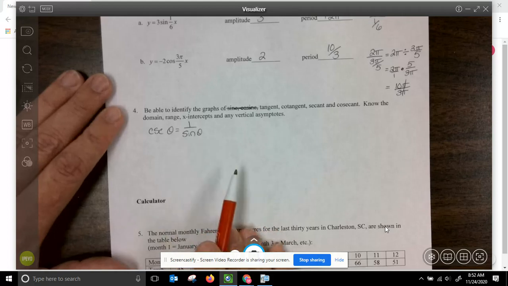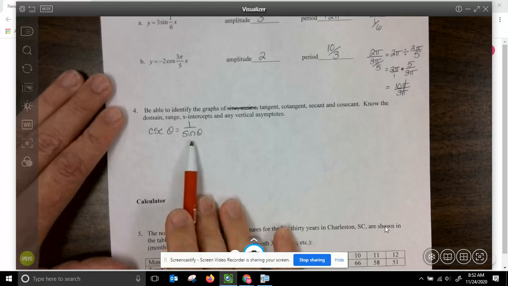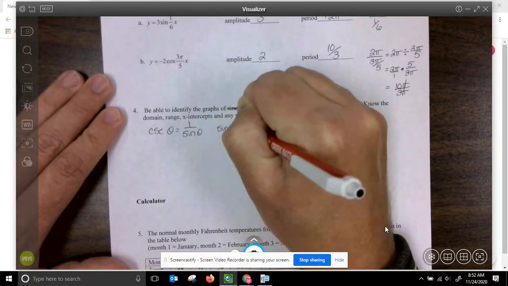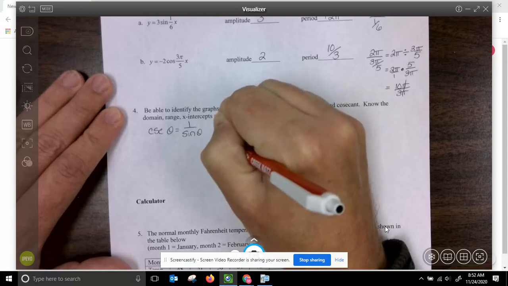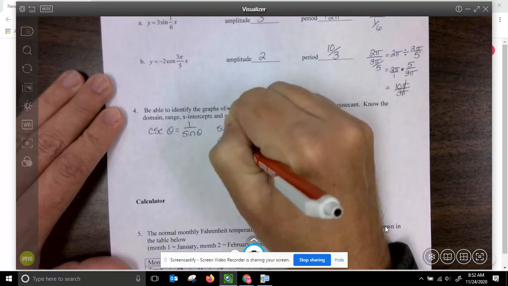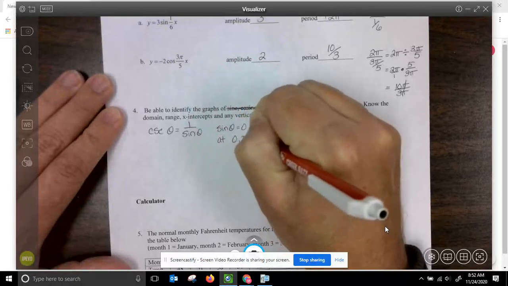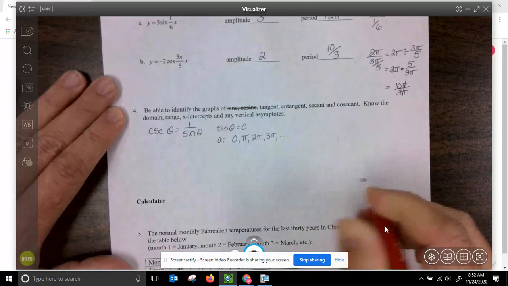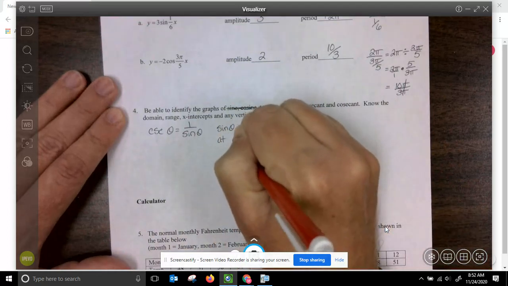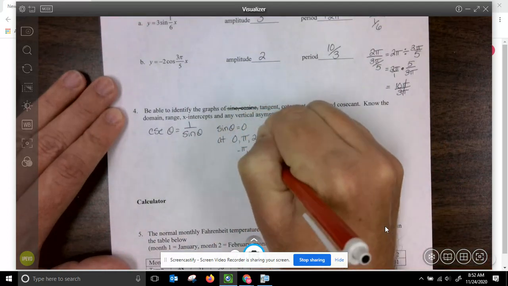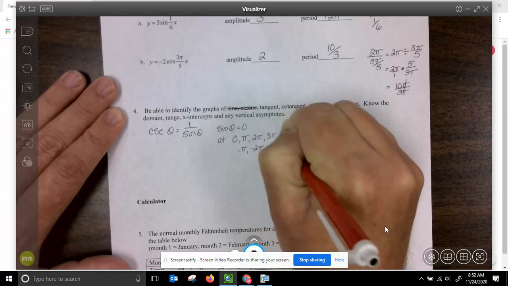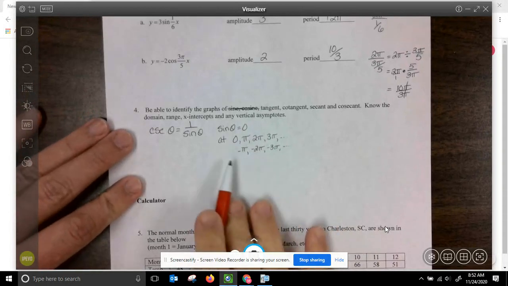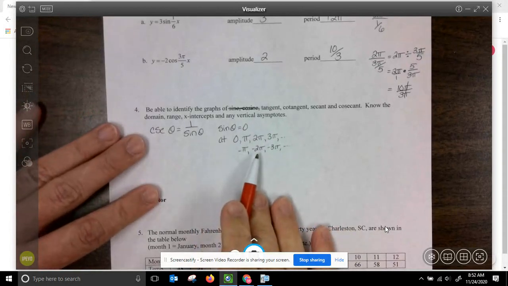Well, in this case the denominator is sine. Where is sine 0? Well, sine of theta is equal to 0 at 0, pi, 2 pi, 3 pi, and so on, forever. Also in the other direction, negative pi, negative 2 pi, negative 3 pi, and so on and so forth, forever. So that's where all of our vertical asymptotes would be.